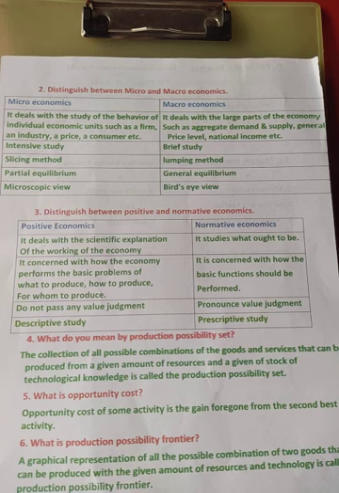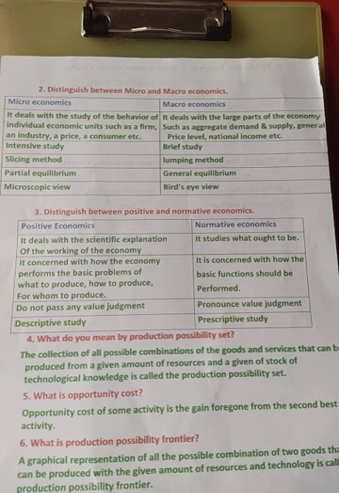Normative economics studies what ought to be, like what should be done. Positive economics is concerned with how the economy performs, the basic problems of what to produce, how to produce, for whom to produce. Normative economics is concerned with how the basic functions should be performed.